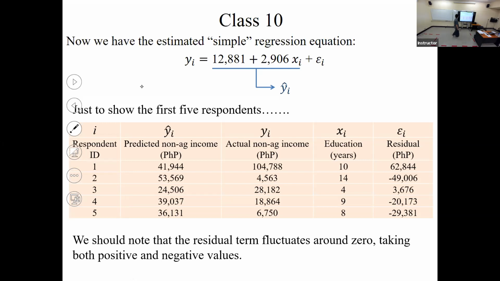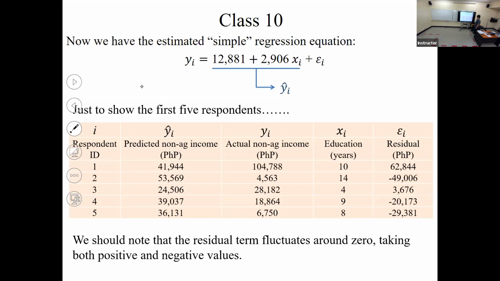Yeah, so let's look at the epsilon residual. It takes both positive and negative numbers. So this gives you some understanding of this epsilon being random. It's random around 0.